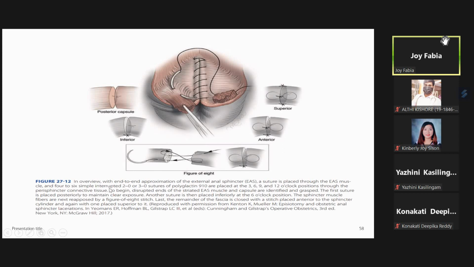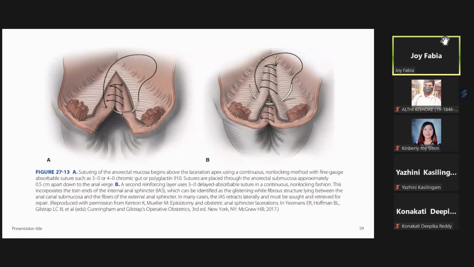So that is how we repair the external anal sphincter. For the fourth degree laceration, we suture it using the non-locking method, again continuous suturing. The suture should not go through and through the rectal mucosa, just in between, to avoid a rectovaginal fistula later on.